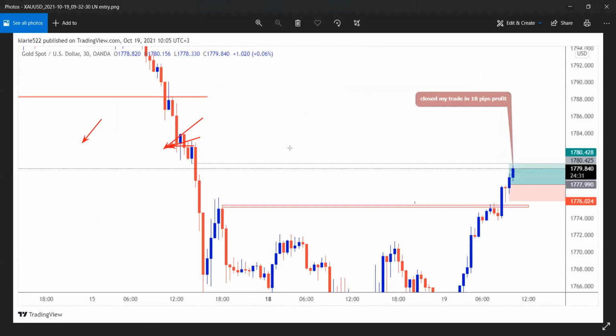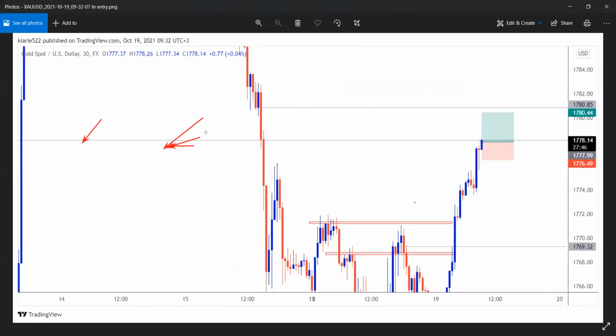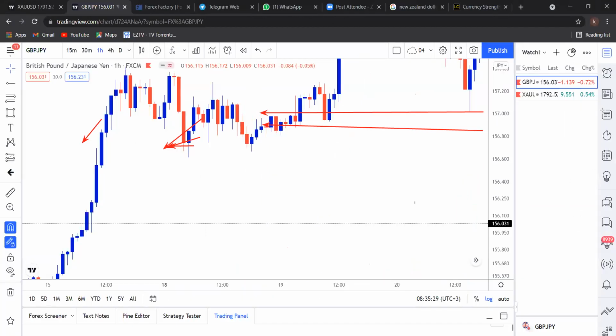Unaona, what I looked at before I took the entries was to the left, this clean move. Hata ukiangalia yangu support yangu nilikuwa naangalia hizi week hapa. So hii trade, by the way, I took it, ilikuwa ya London session. I guess ilikuwa ya London session.